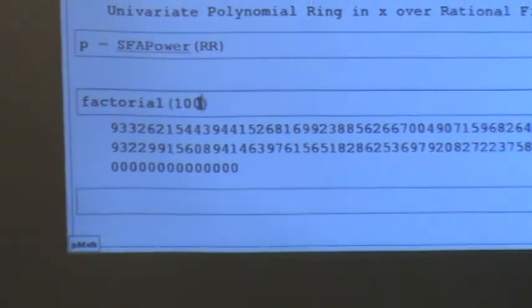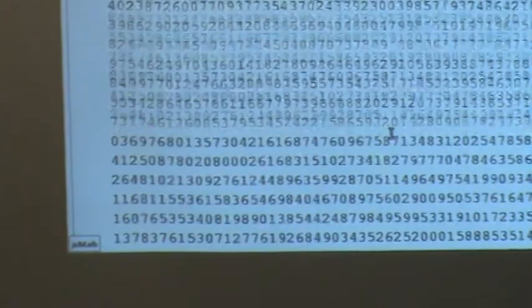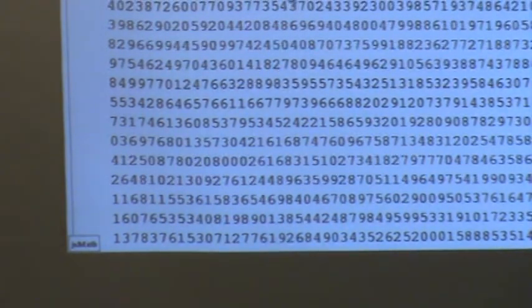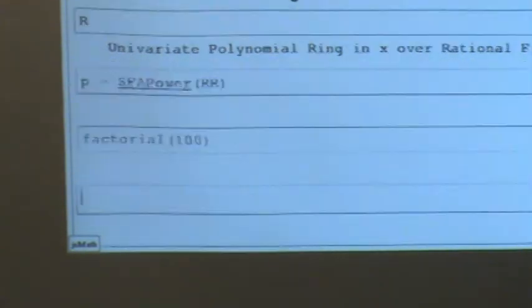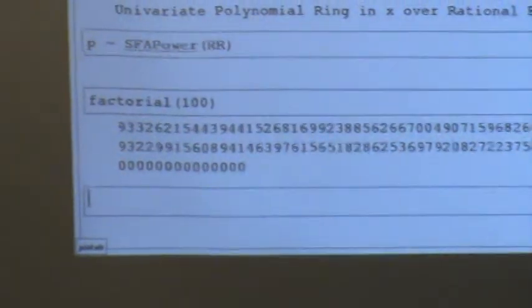Yeah, it's arbitrary precision. The exclamation point just isn't the right notation. Yeah, it handles arbitrary precision.